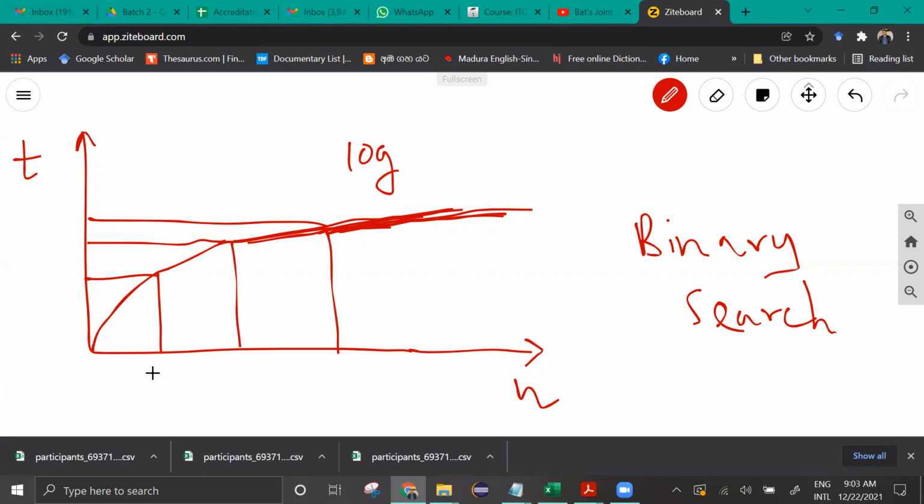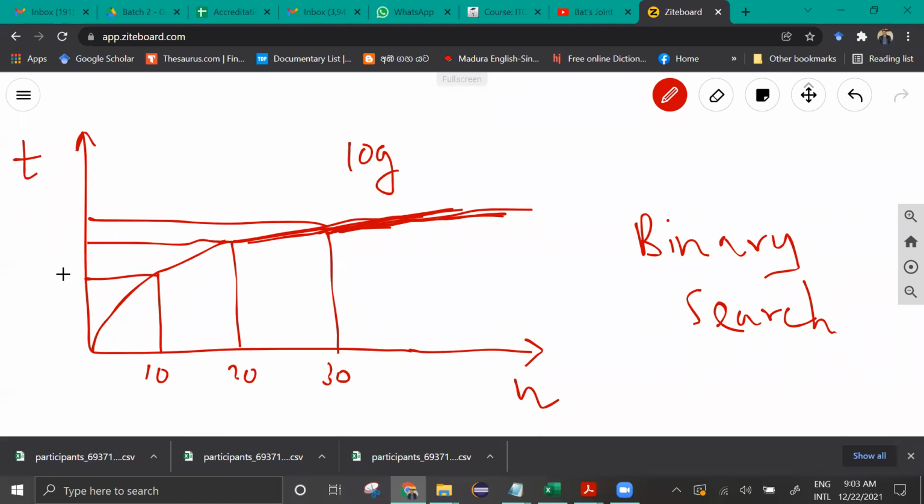So n is changing, right? Suppose this is 10, this is 20, this is 30. But the times are not changing like that.